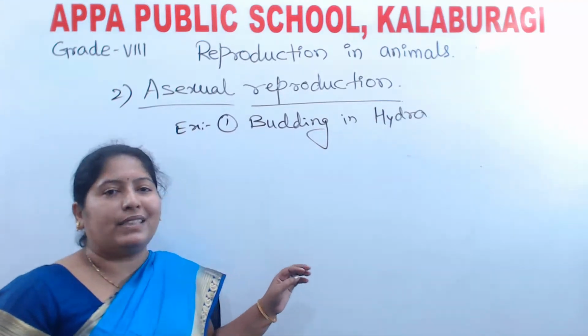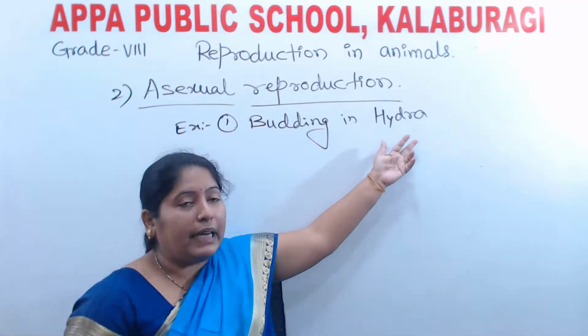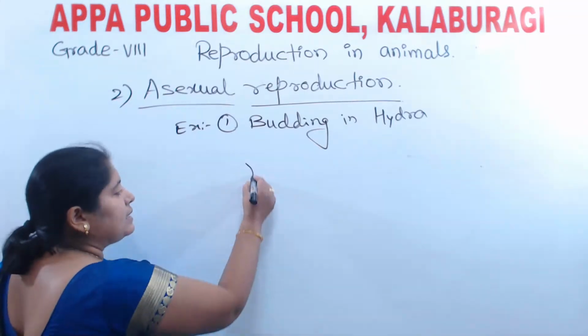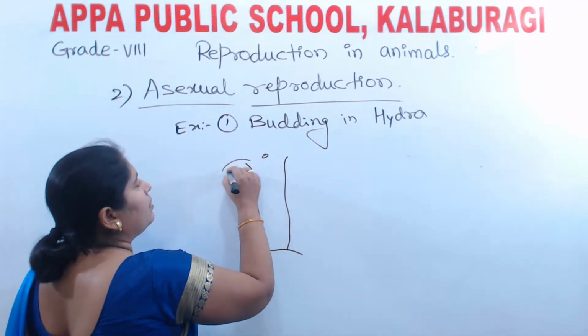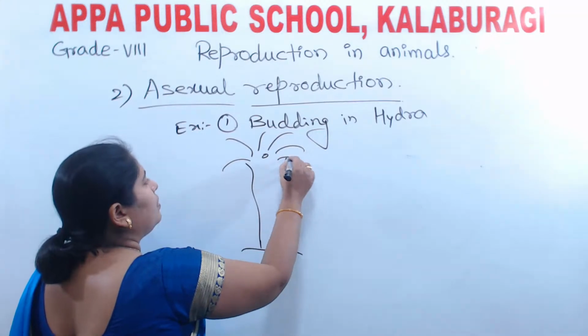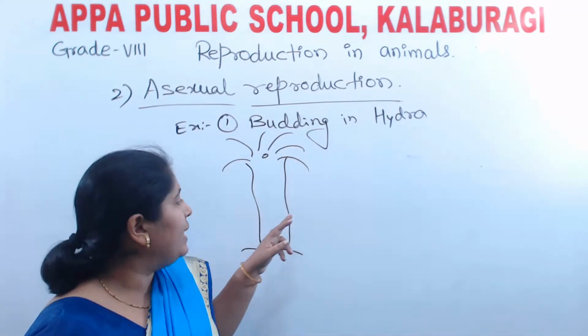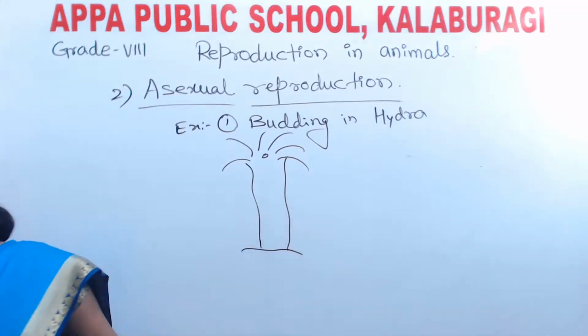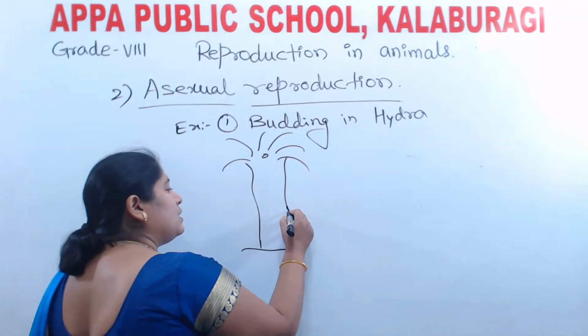Budding in hydra. Okay, this is the process of asexual reproduction that takes place in hydra. This is the hydra, an aquatic organism. Okay, this hydra, during its reproduction stage, starts slowly developing a bud at the trunk part of it.